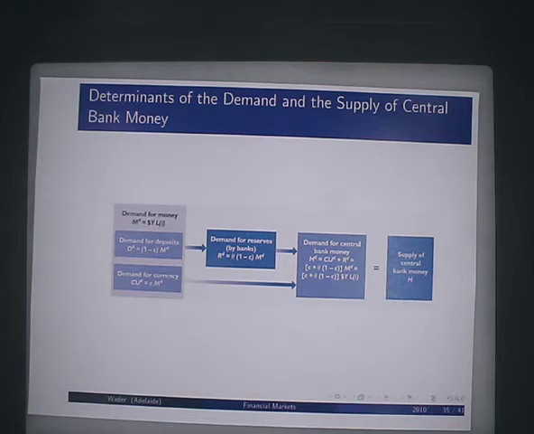Okay? Of course, I didn't really tell you everything that's here. But basically, this is a very simple model of the banking sector, which is a bit more realistic about what's going on in the banking sector.